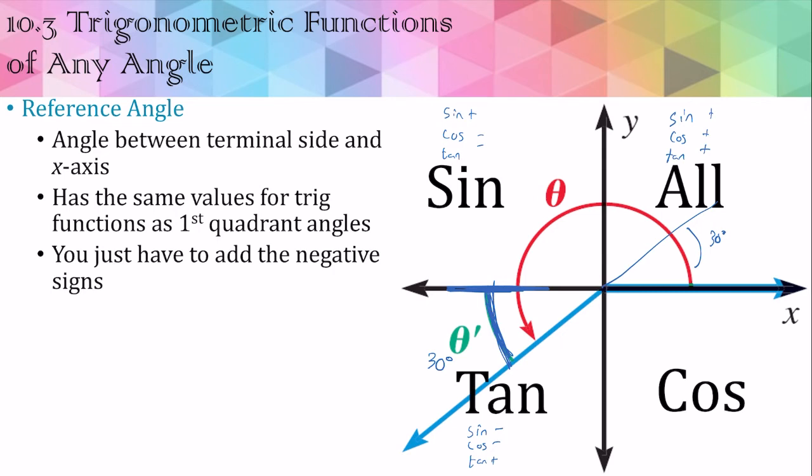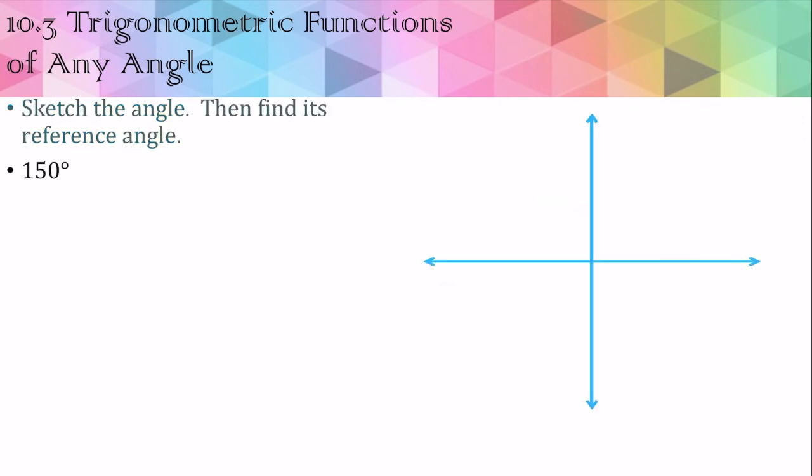And in quadrant 4, sine's negative, cosine's positive, and tangent's negative. A way to remember it is All Students Take Classes. And of course, the reciprocals are with their functions. So secant would be with cosine.